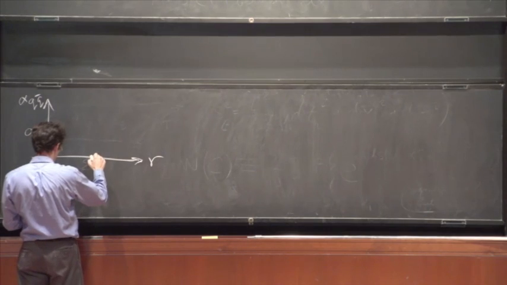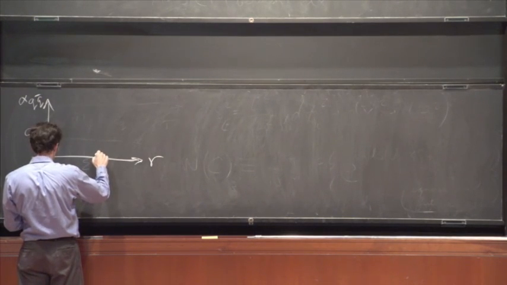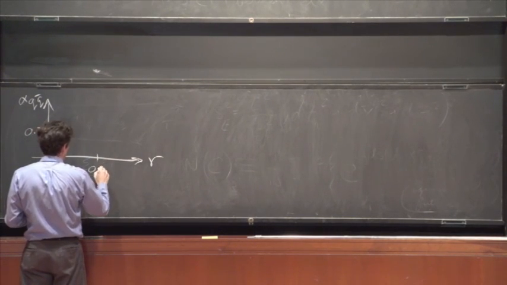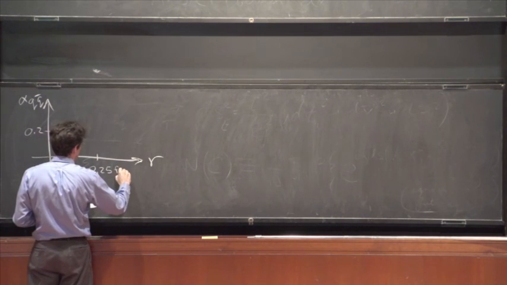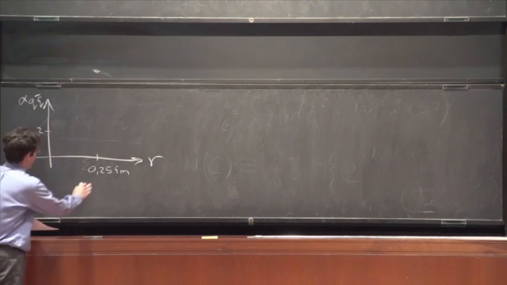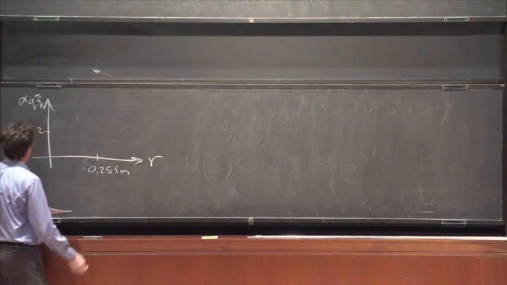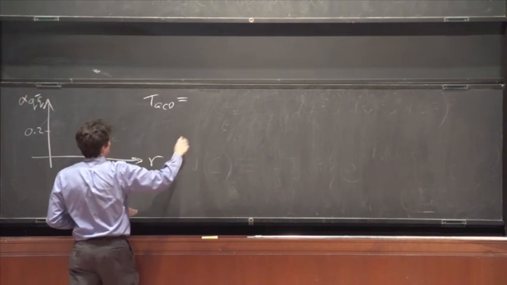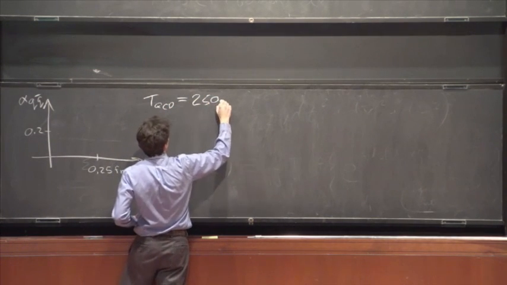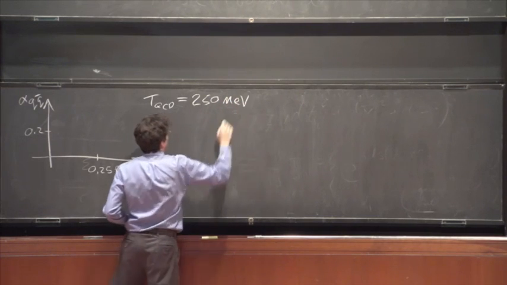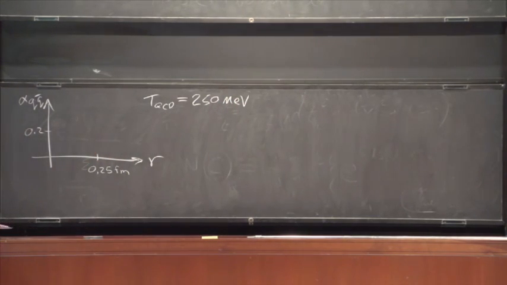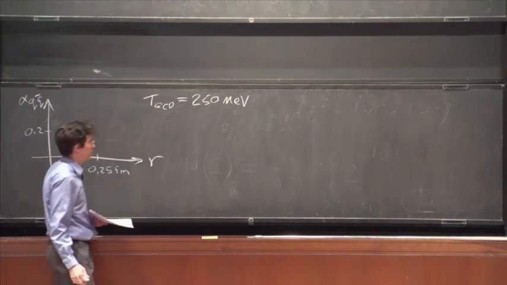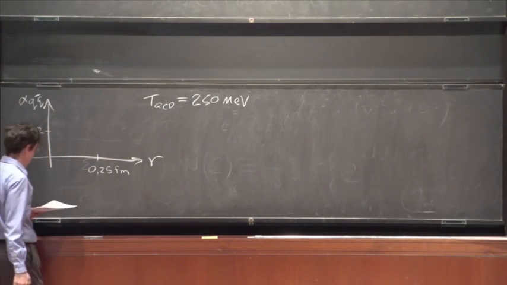I'll be a little more specific in a moment about exactly the conditions I'm talking about. Let's consider separations on the order of 1/4 of a femtometer, and let's consider temperatures comparable to what you see in a collision at RHIC, namely a QCD temperature of something like 250 MeV.